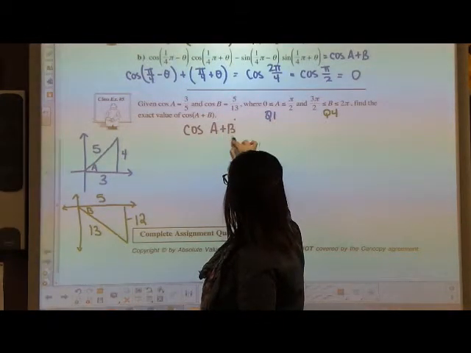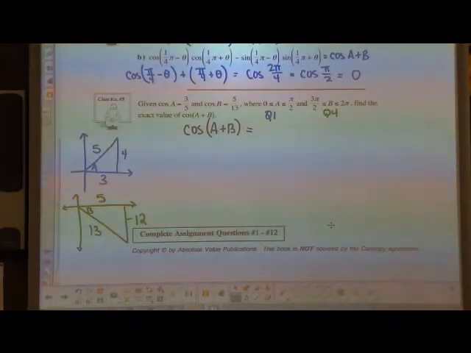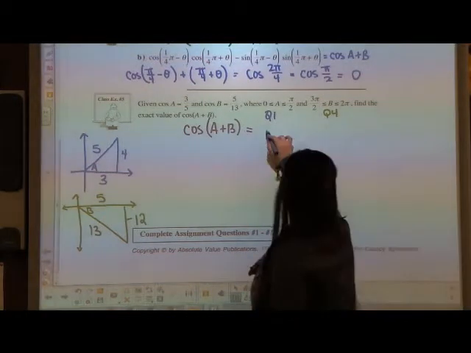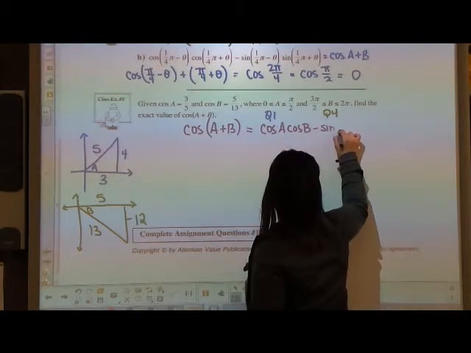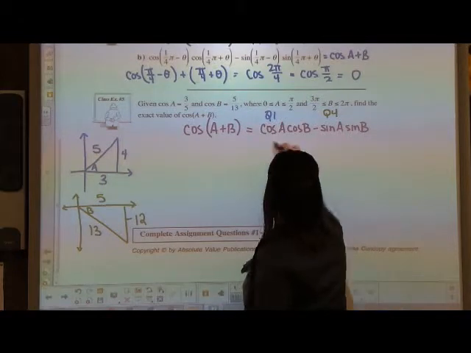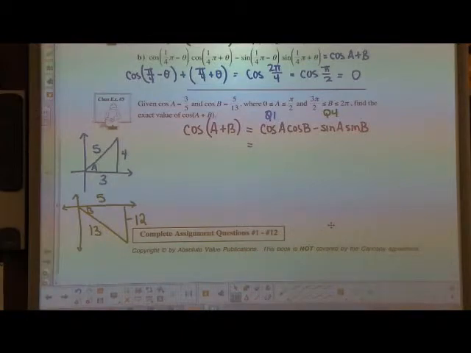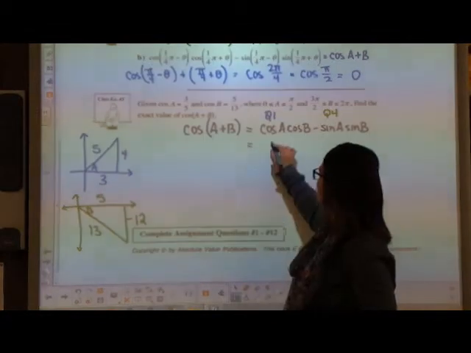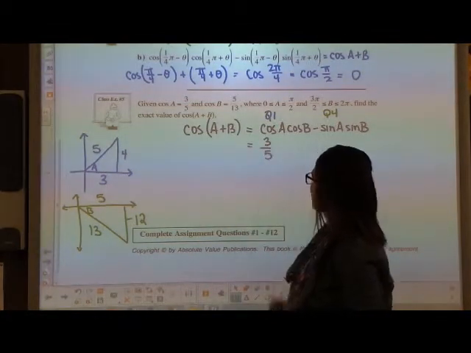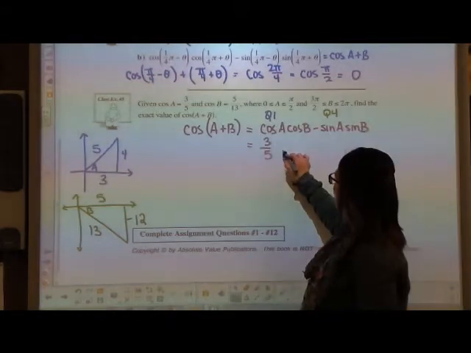What is cos A plus B equal to, according to my identities? Cos A times cos B minus sin A times sin B. I was told what cos A equals. Cos A equals 3/5. I'm also told what cos B equals. Cos B equals 5/13.